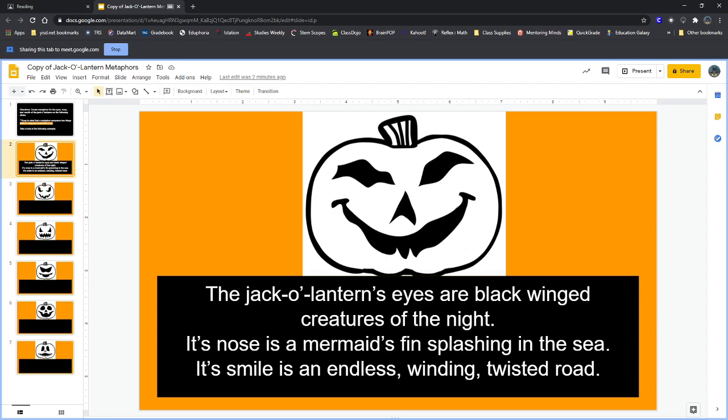And for the smile, it says, its smile is an endless, winding, twisted road. Because the smile kind of does the same thing as the eyes, it goes all wavy and curvy. They say it looks like a twisted road. So not a straight road, but a curvy, twisted road.